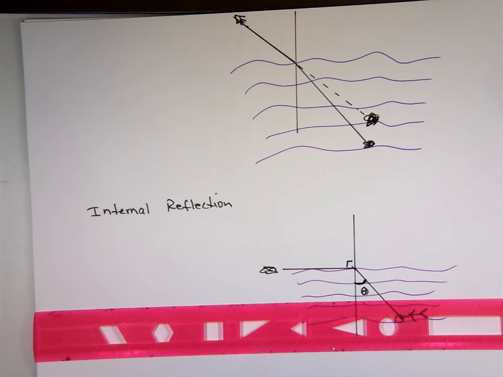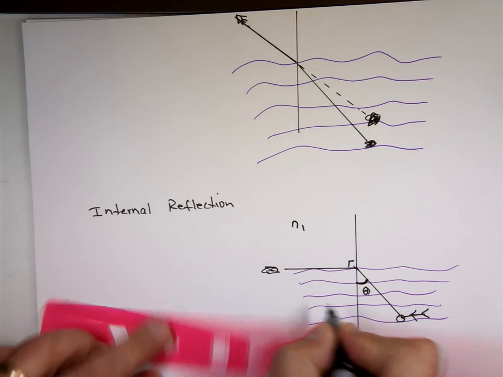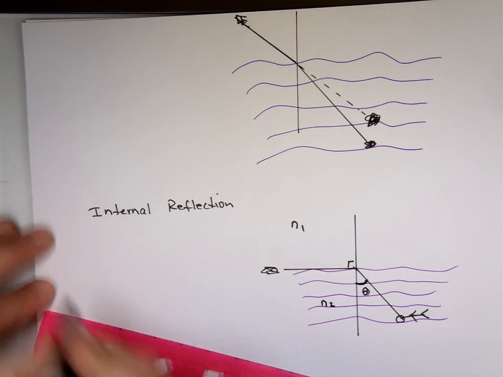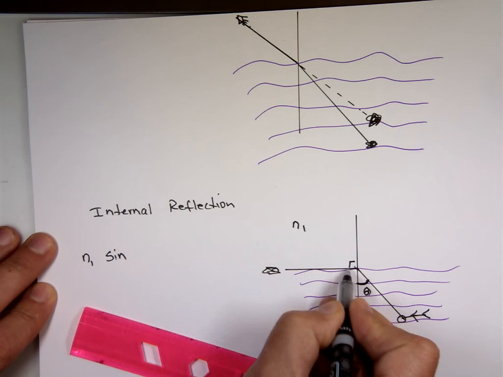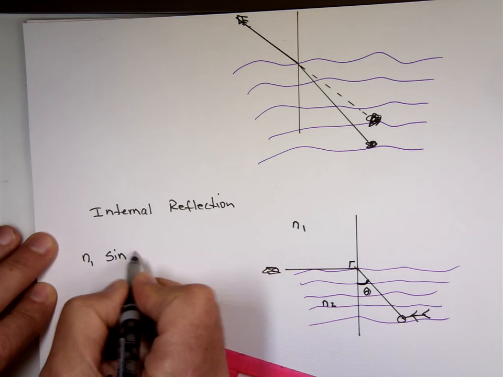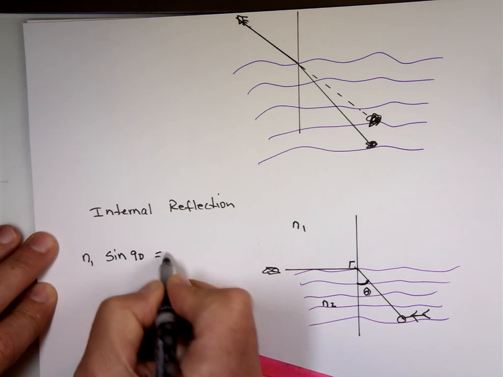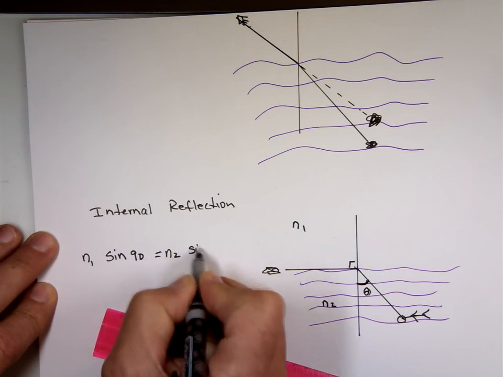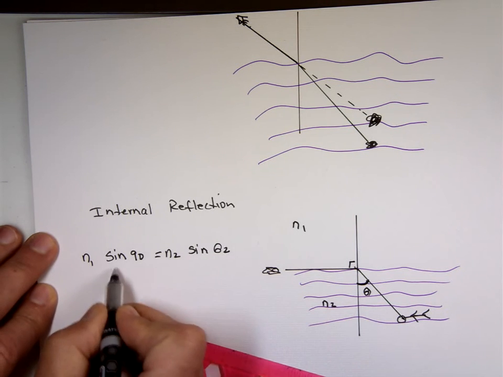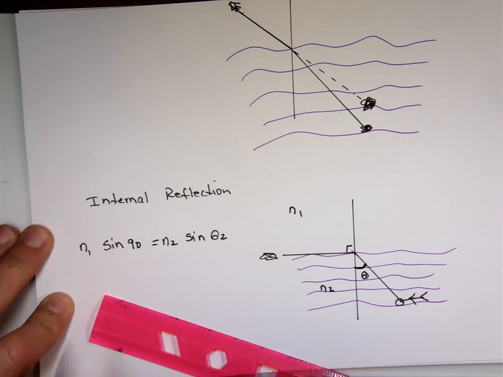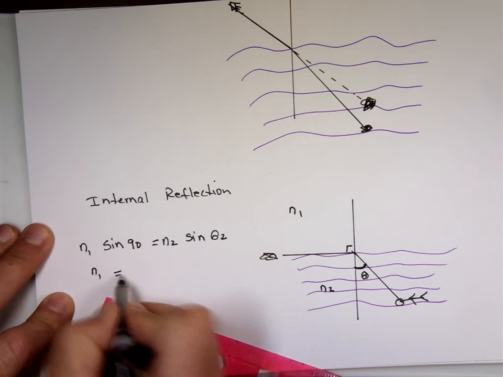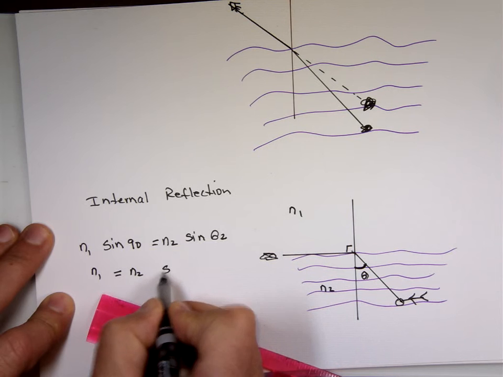It makes a 90-degree angle. Well, if this is N1 and this is N2, it doesn't have to be air and water, we can say N1 sine theta 1. Well, what's theta 1 here? What's that angle? 90 degrees, right? Equals N2 sine theta 2. What is sine 90 degrees? Isn't that a 1? So N1 equals N2 times sine of theta 2.